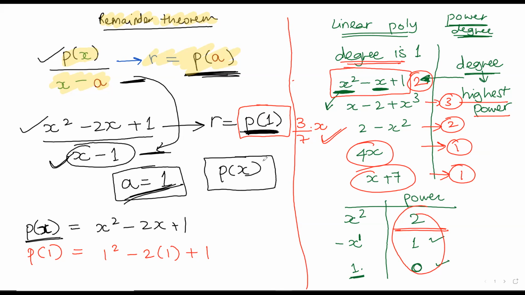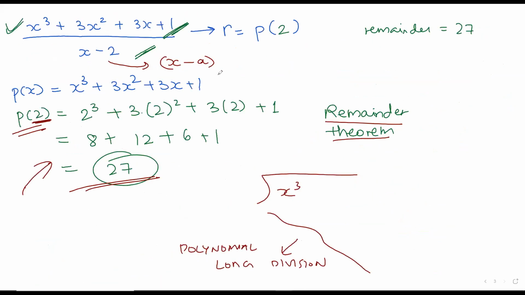Okay. All right. So now pay attention. I'll just write it again. So the remainder theorem states that, and listen carefully, if we have a polynomial p of x, and we are dividing it with a linear polynomial x minus a, right?